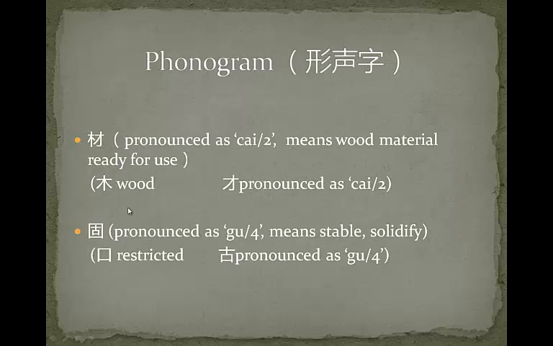And the inner part of this character by itself is a character pronounced as gu. Sorry, it's my fault. Gu, it should be 3rd tone. So as you can tell, they share the pronunciation, although they are in different tones. Although they are in different tones, they still have the same spelling gu. So this kind of character is easier to memorize.